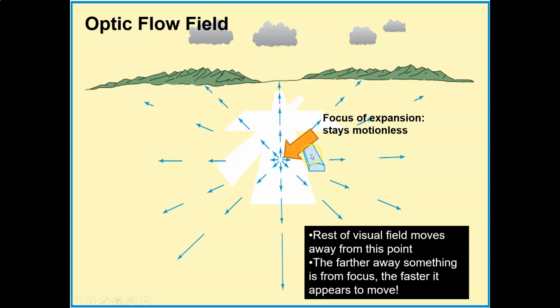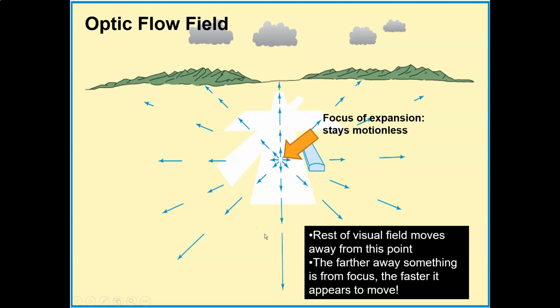Here's our runway, here's a hangar or a tarmac, and so here is our focus of expansion. We basically want to land here. That is the direction that we're heading in. And what's really critical here is that our focus of expansion ultimately stays motionless. The rest of the visual field is going to move outward from that point, provided that we're moving forward.